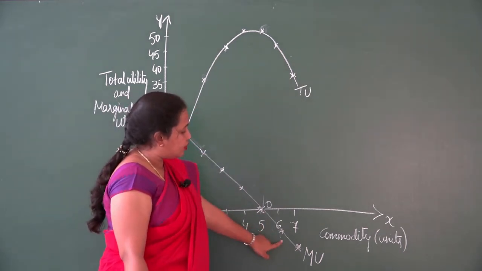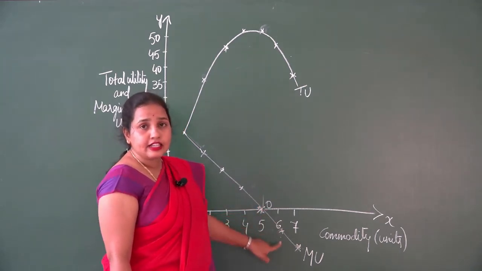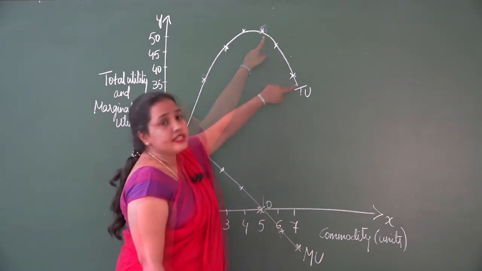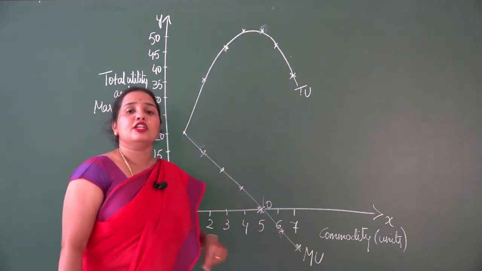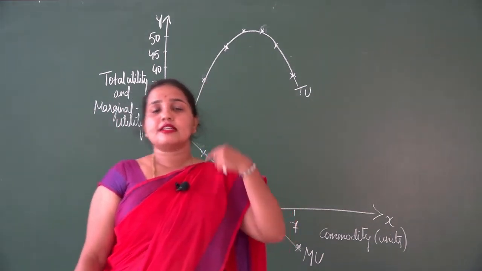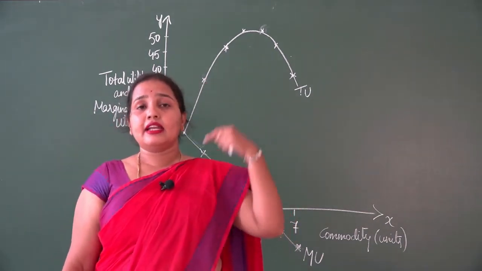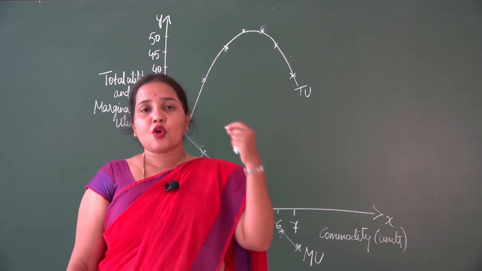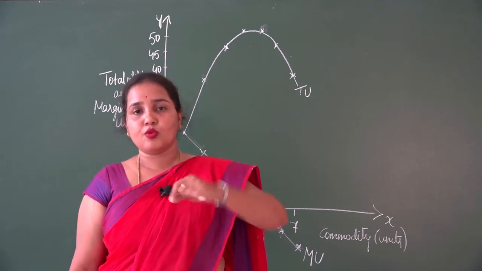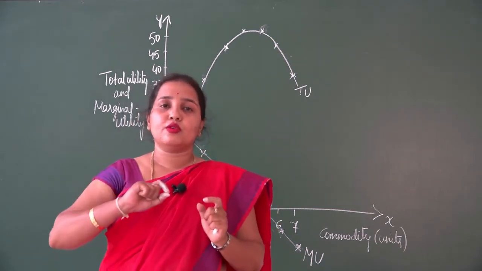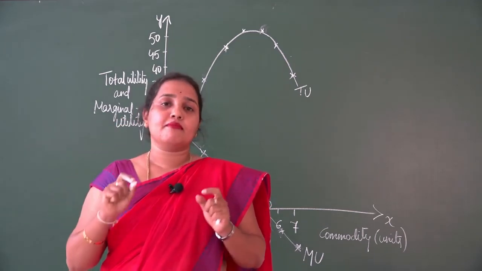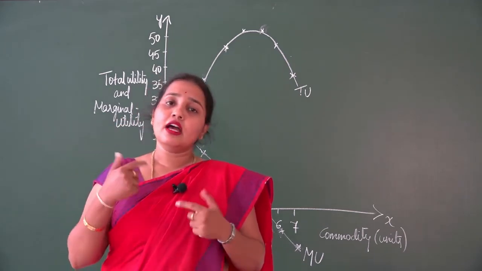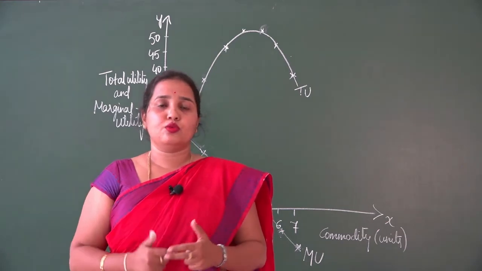When the marginal utility takes a negative value, the total utility diminishes. Obviously, the total utility starts rising in the beginning and at a certain level it stops and takes a downward slope, or the total utility falls when the marginal utility takes a negative value.